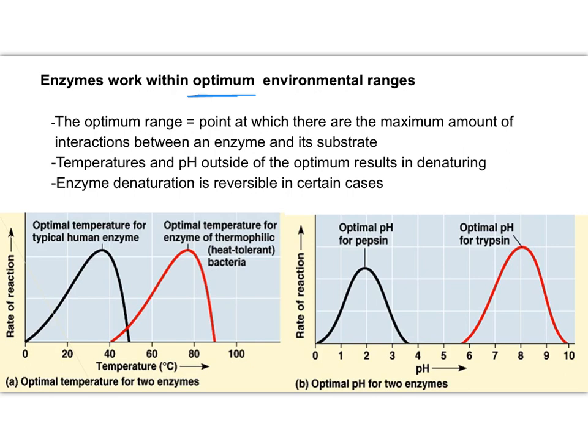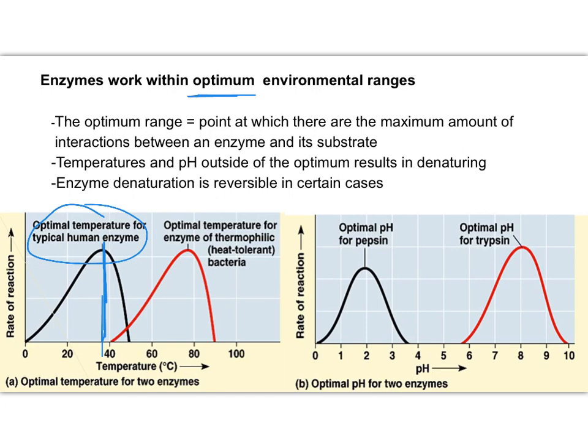So let's back up a second and talk about temperature specifically, and then we'll look at pH. If you're looking at this graph here on the left, the black is the optimal temperature for a typical human enzyme. This is in Celsius, so I know this is harder for us to relate to, but this is optimal body temperature for a person.